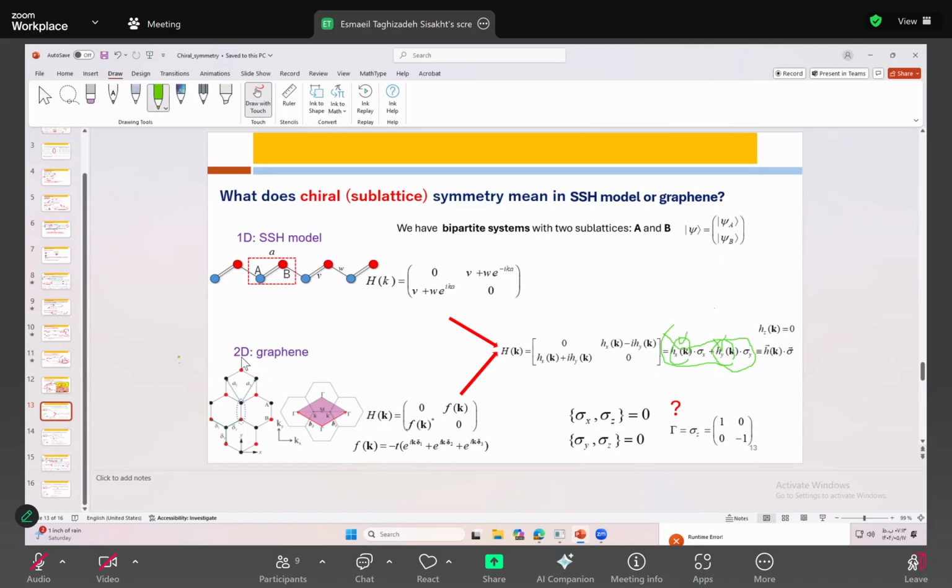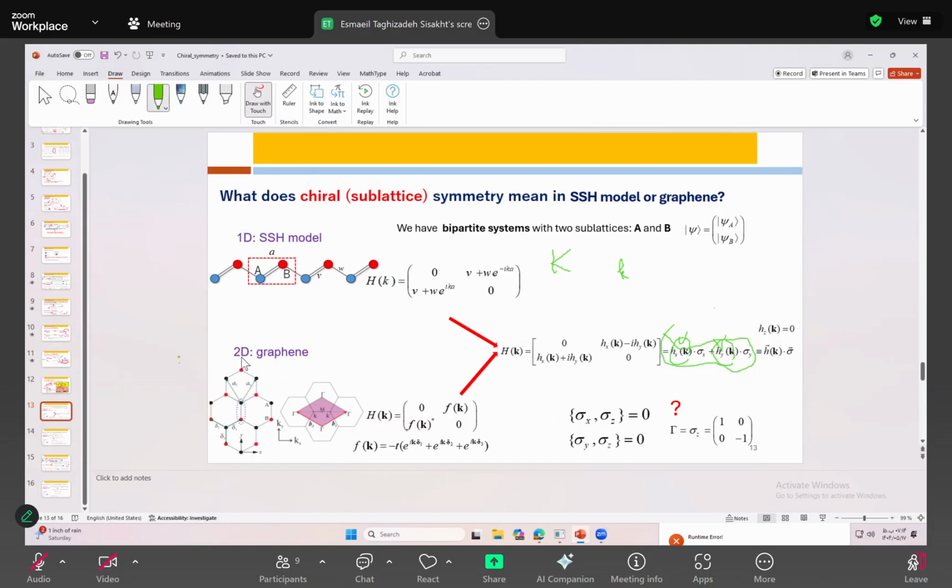But in the valley approximation, for example in the K valley, very near the valley, we can approximate the graphene Hamiltonian into the linear form. There, near the valley, we can define the helicity number.